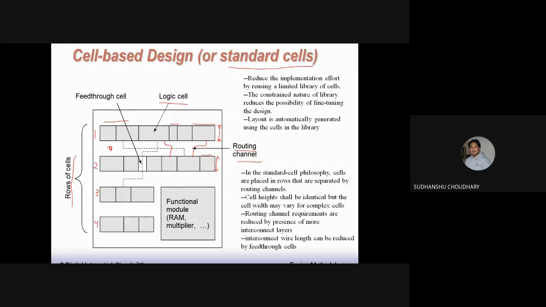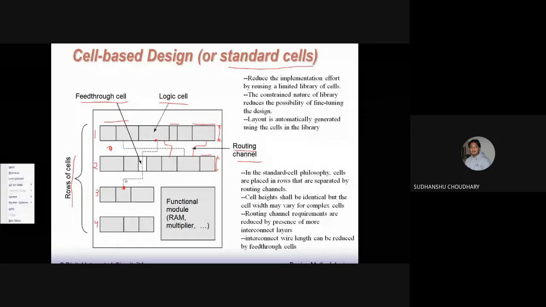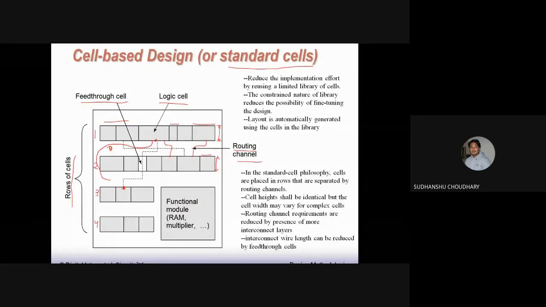Now within the rows, you will also find some empty space. This is called a feed through cell. For example, one has to connect this logic cell to this one here, so one can directly connect through this feed through cell. So the interconnect wire length will be small. Otherwise, one has to bring this line from here and then connect it this way, so that way the interconnect length is large.